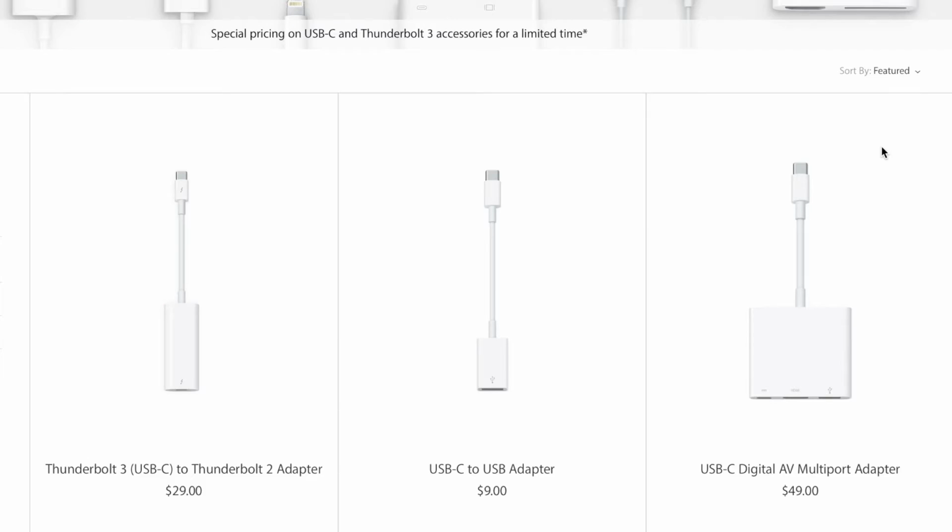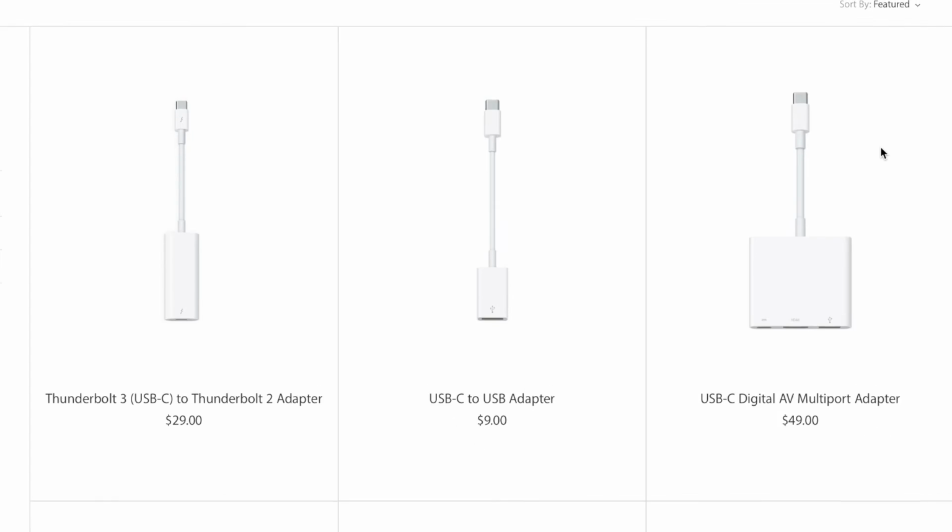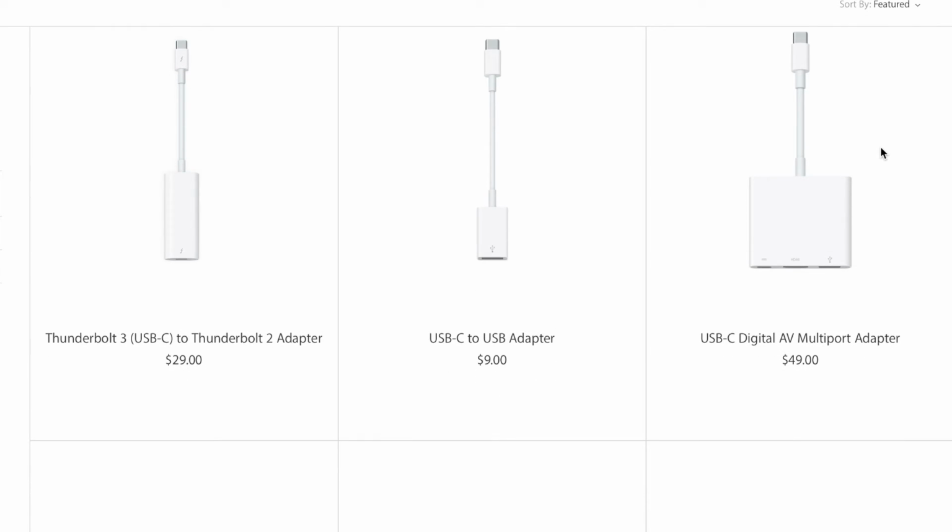However, at the moment, there are going to be some pains with that kind of transition. You're going to notice that you're going to need some dongles for things. I mean, just look around you really. Obviously, companies are starting to make more USB-C products, but almost everything is still run by regular USB. So you're going to need dongles to support your old accessories, and there's just going to be a lot of pains with it.